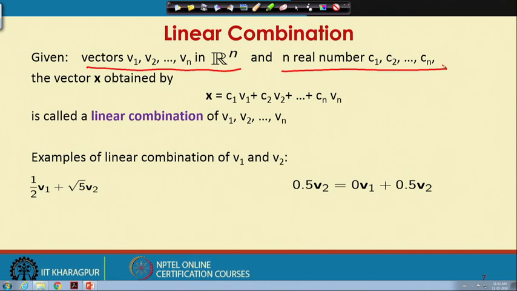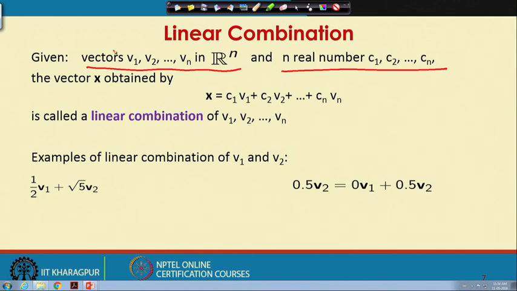So, the vector that I obtain by linear combination of v1, v2, v3, v4, vn is called a linear combination of vectors v1, v2, v3 up to vn.